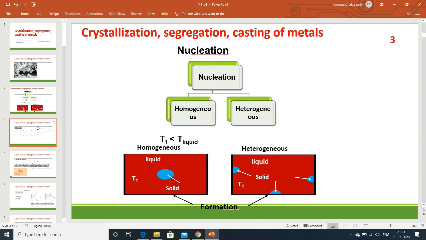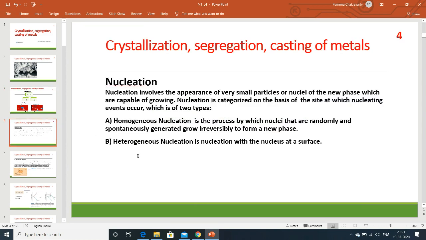So here I will give you a systematic definition of nucleus, as well as what homogeneous and heterogeneous nucleation are. As I have already discussed with you in the last chapter, nucleation is the appearance of very small particles or nuclei of new phases which are capable of growing.